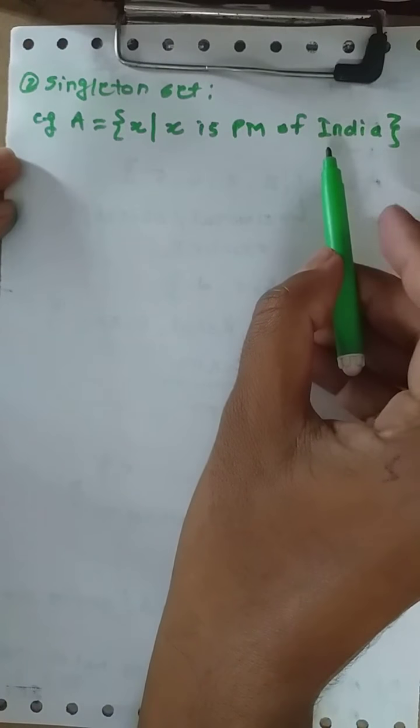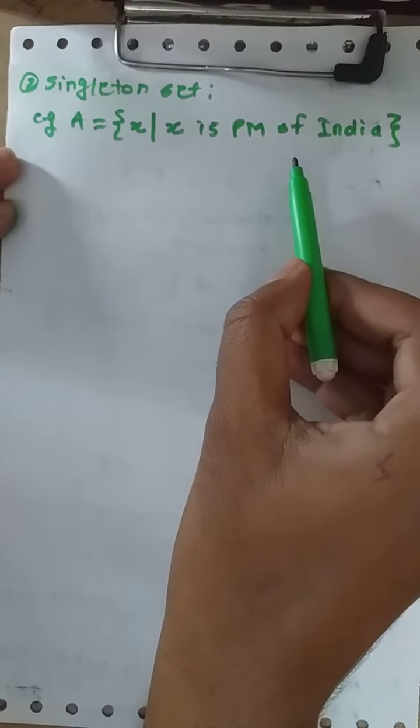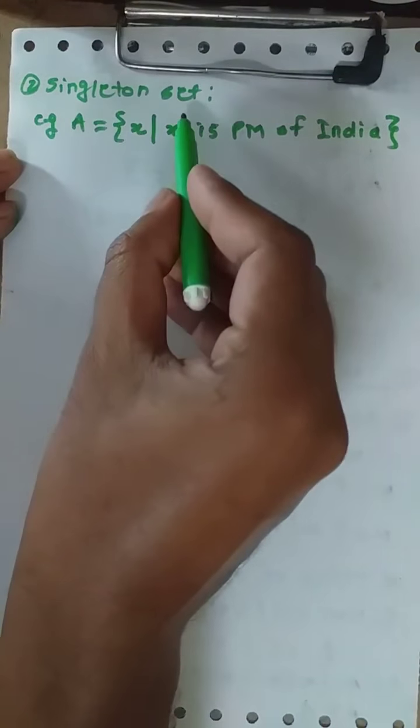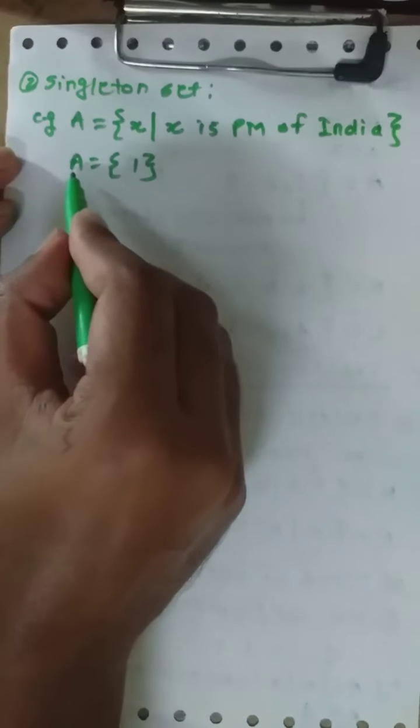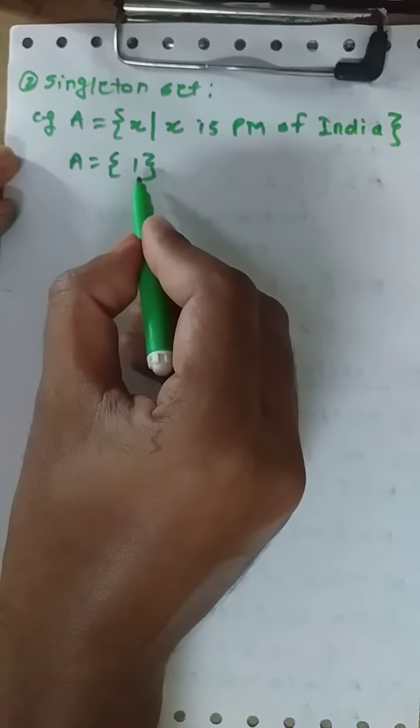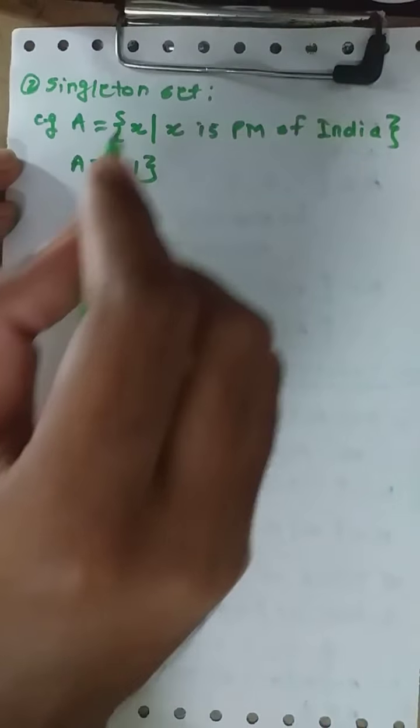It contains a single element, so this is a Singleton set. Or A is equal to 1. A set A which contains a single element is called a Singleton set.